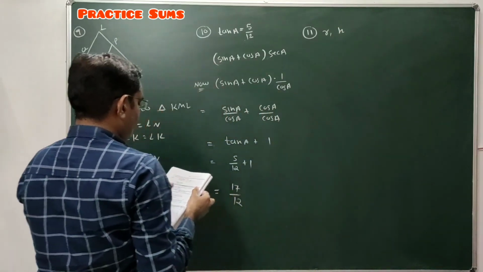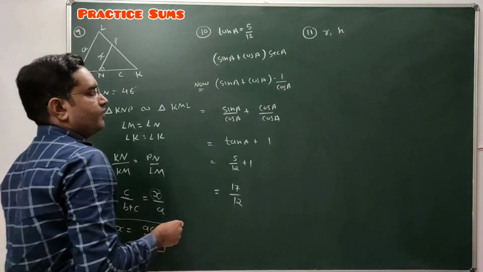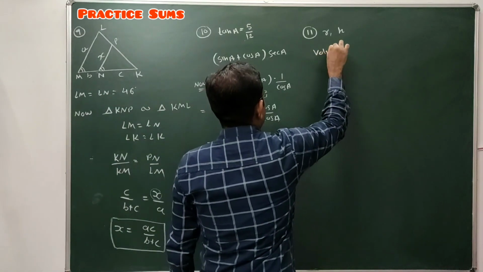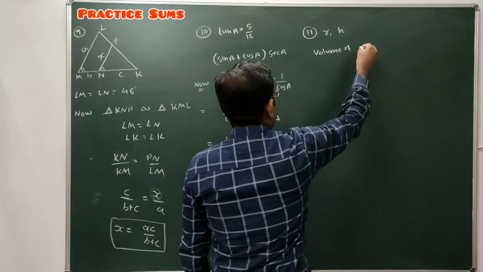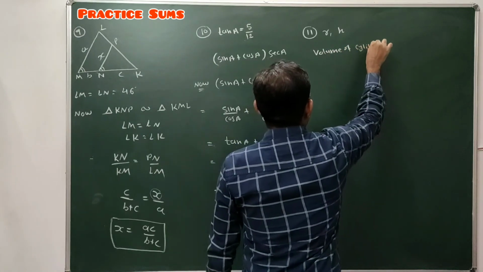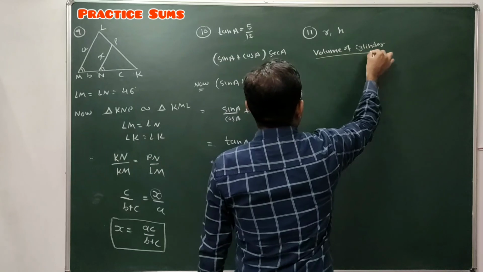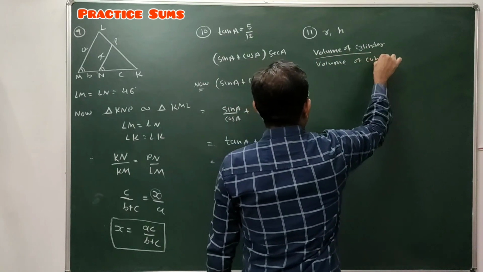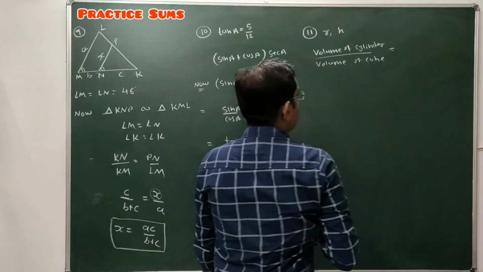Find the ratio of the volume of the cylinder to that of the cone. Both have same base radius and height.